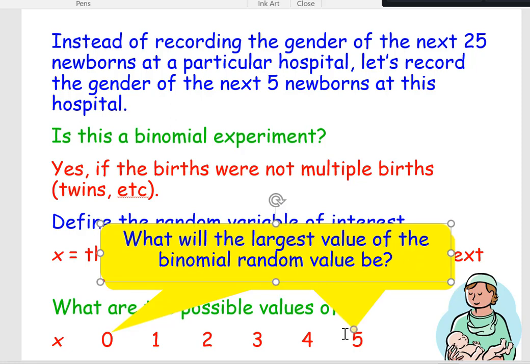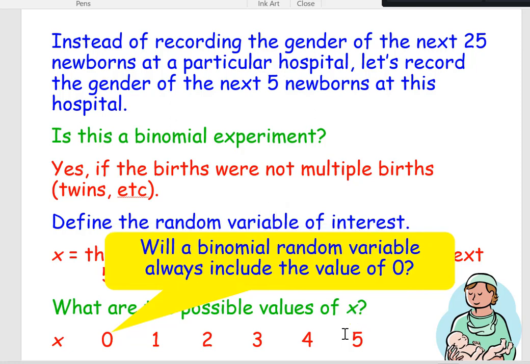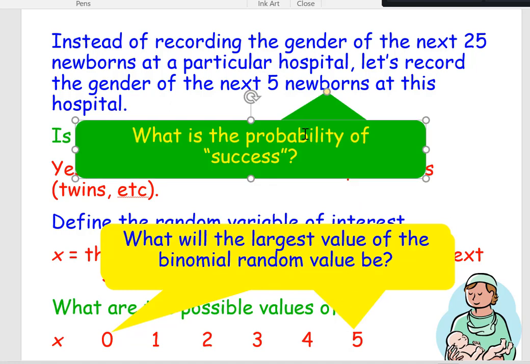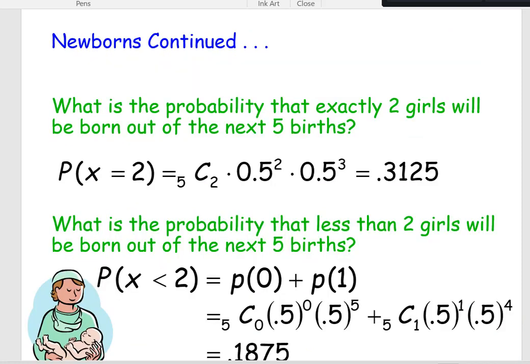And then the largest value of the binomial random variable will change, of course, the situation, but that largest possible value of x will always be equal to n. And of course, our probability of success here, we're assuming it's 0.5, even though in reality, slightly greater chance of having a female child than male.